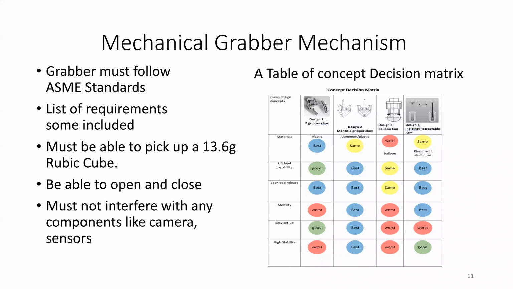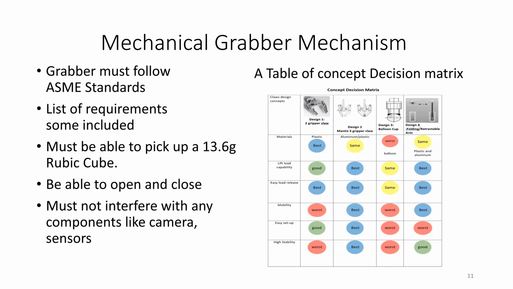The grabber must pick up a 13.6 gram Rubik's Cube with dimensions of 1.05 inches each side and a volume of 1.16 cubic inches. The design must not interfere with the support systems, such as the camera inside and control systems or any sensors inside the drone. It must not have any sharp edges for safety.